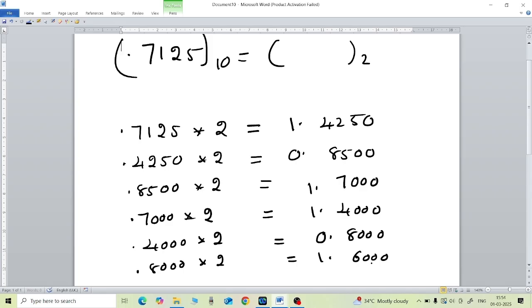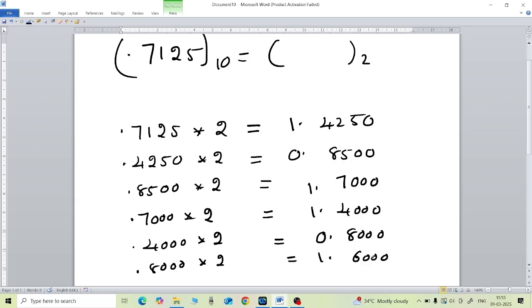Now we know that by multiplying the fractional portion by 2, we are never going to get zeros in the fractional portion. So it is enough to do this much. The reason why we are stopping here is, even if we continue, we are not going to get the fractional portion as 0.